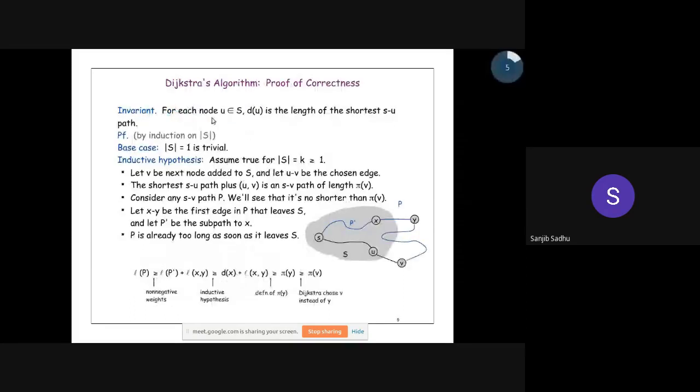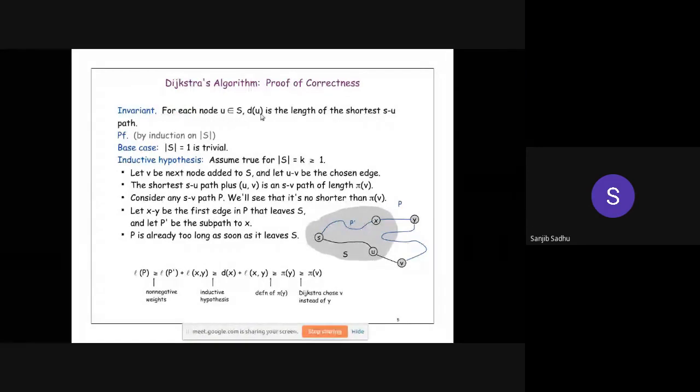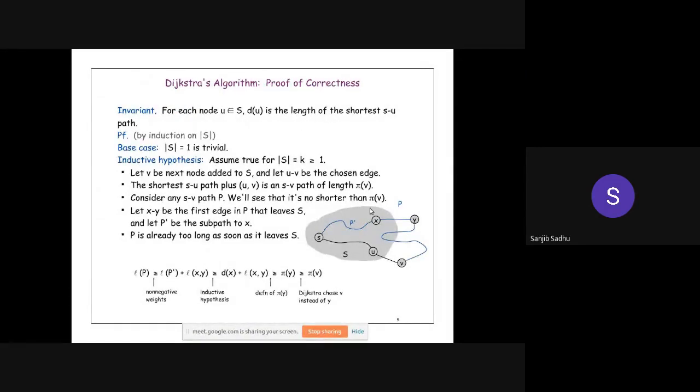So for each node u, du is the length of the shortest path from S to u. I have to prove this, okay, by induction. If there is only one node, fine, trivial, that is the base case.